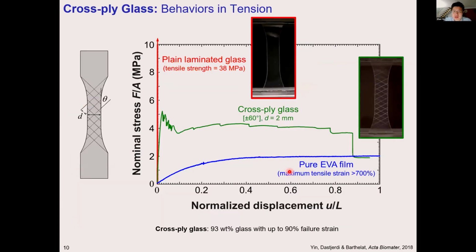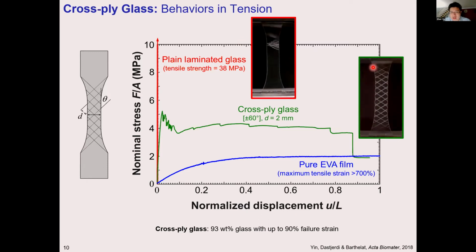What's more important is probably the mechanical behavior in tension, as you can see here. Laminate glass, as expected, behaves quite brittly with acoustic failure, although it has high strength. Pure EVA has very low strength and is very deformable. What's interesting is that for our Cross-ply glass, you can see the mechanism is totally different from laminate glass.